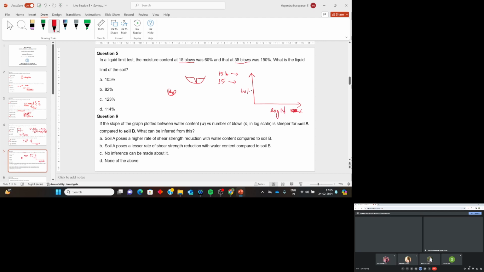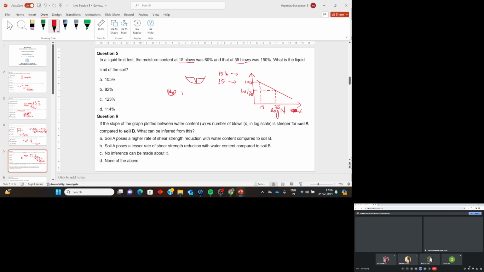At 15 blows, the water content is 150, and at 35 blows, the water content is 60.